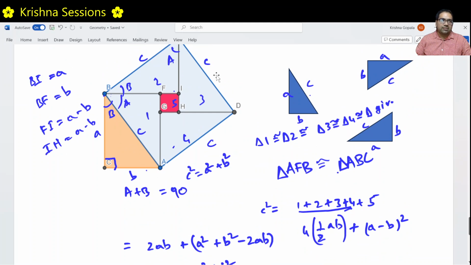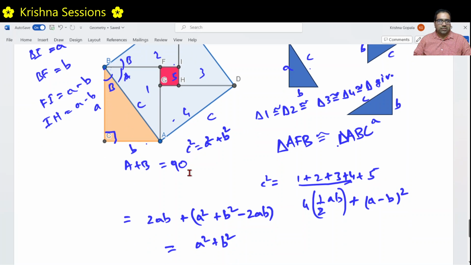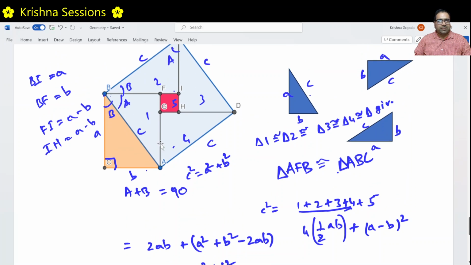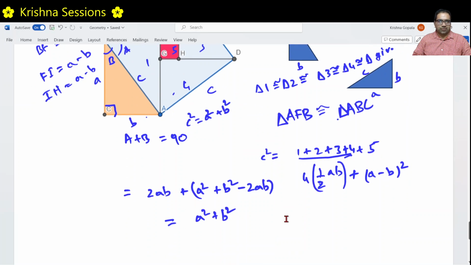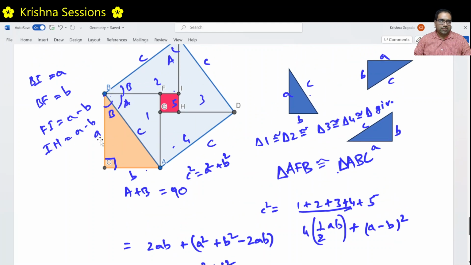At the same time, C is the side of this square. So C square is equal to 4 times the area of this triangle, half AB, plus the area of this small square, which is A minus B whole square. Right. So that's how we arrive at C square is equal to A square plus B square.